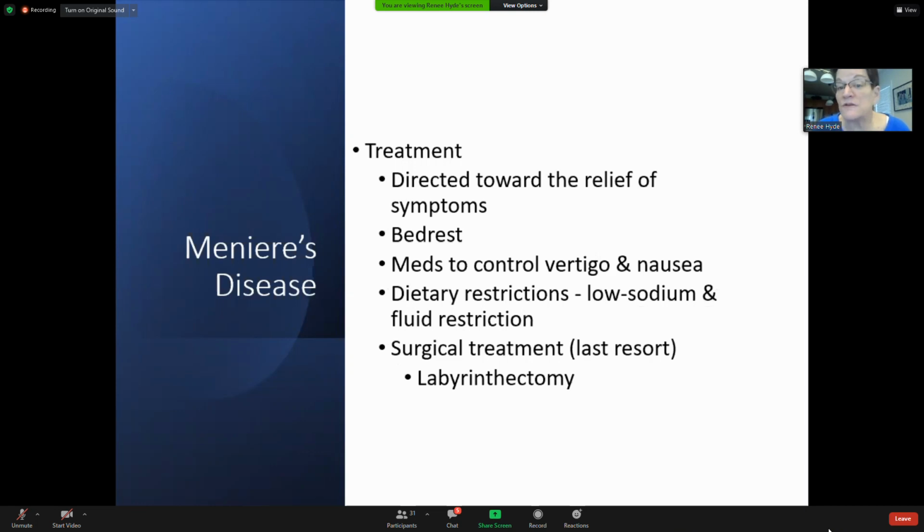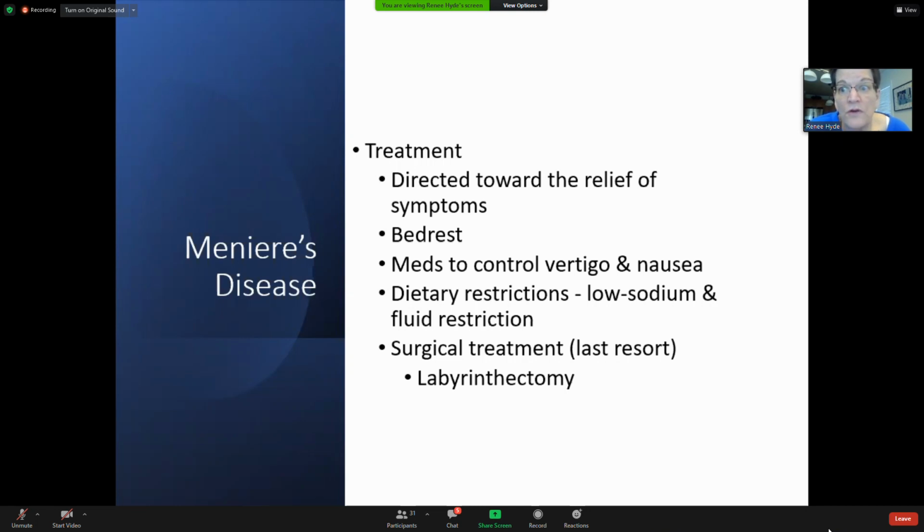What we do is we try to relieve the symptoms. We put these patients on bed rest, side rails up to keep them safe. And then we give meds to control that vertigo, typically Antivert or diphenhydramine.